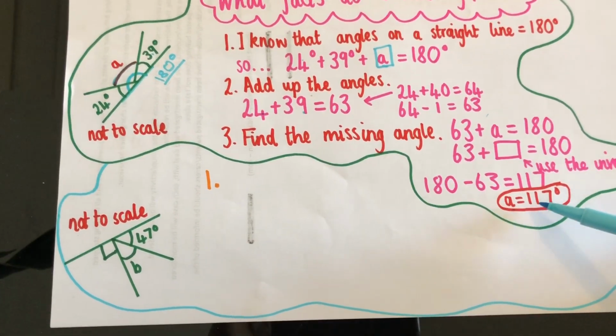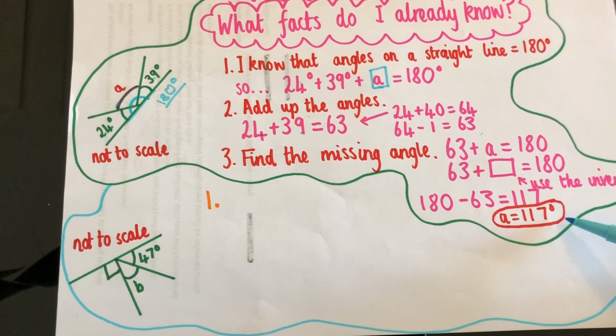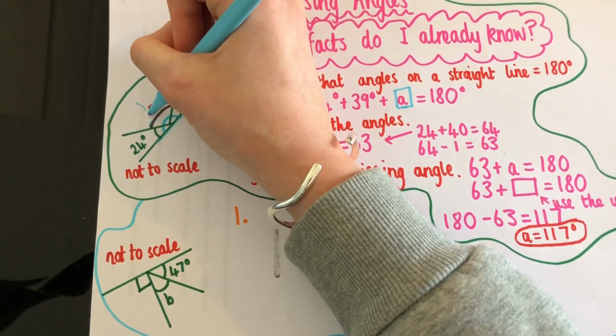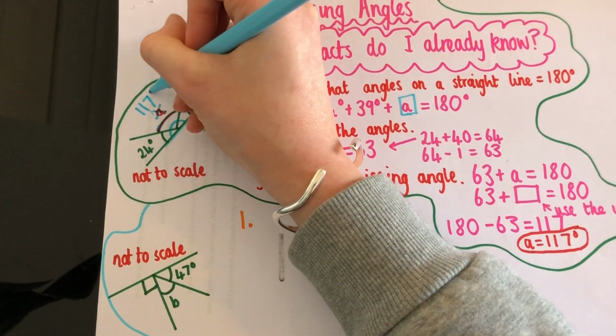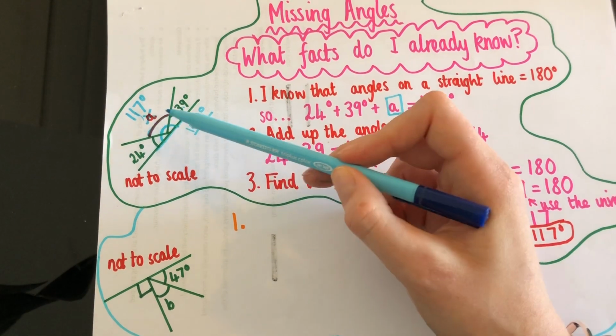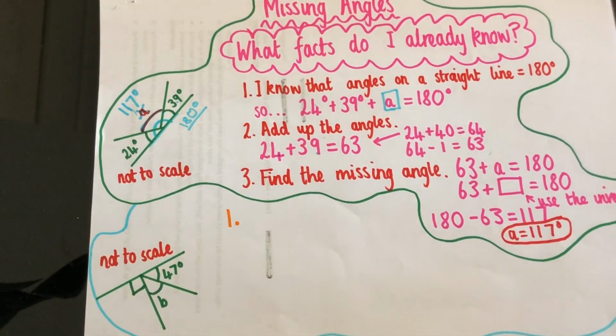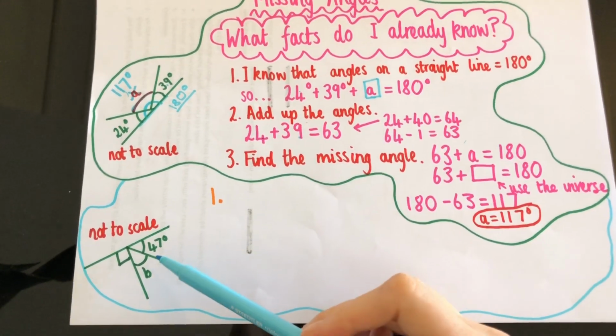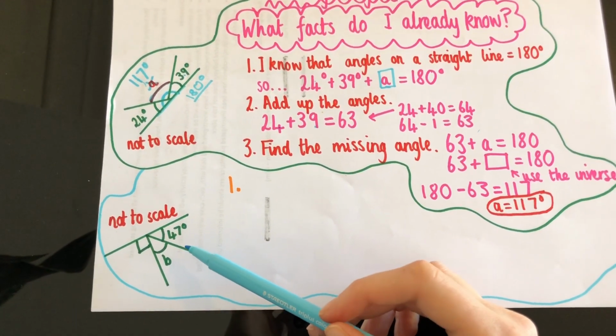So my A equals 117 degrees. And I could go back and check that. I could cross out my A and put 117 degrees and check that 24 plus 117 plus 39 equals 180 degrees.